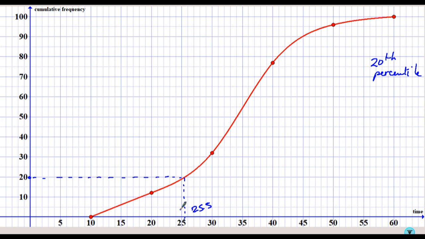We can look at the 90th percentile. It's obvious if we go down that it's 45 minutes. So the 90th percentile is 45 minutes, and that means that 90% of the people arrived in less than 45 minutes. Now, we always begin the percentiles from the bottom up, whether that's good or bad.